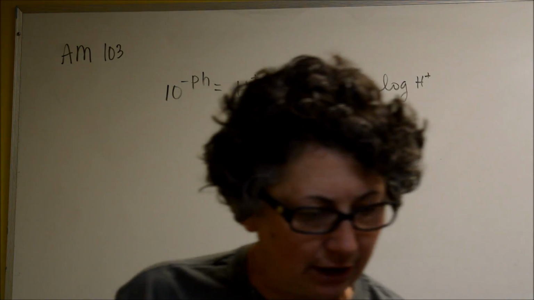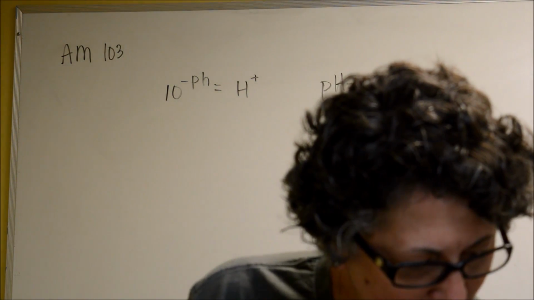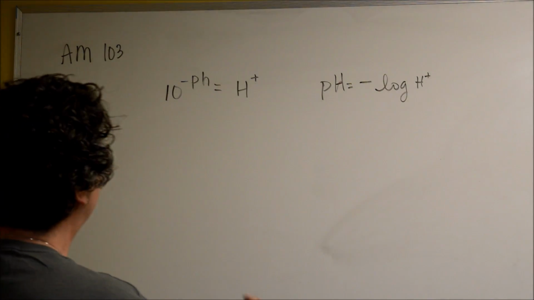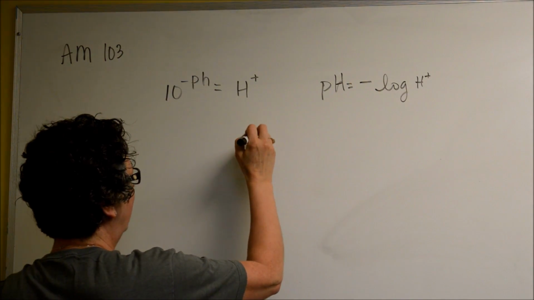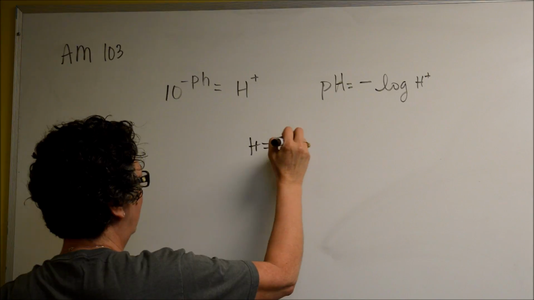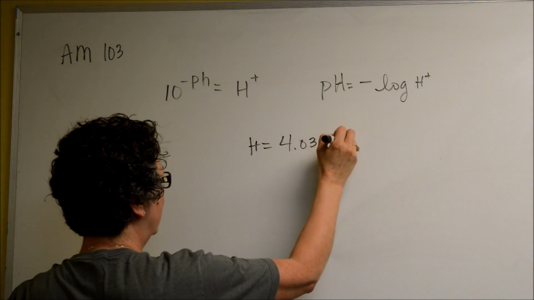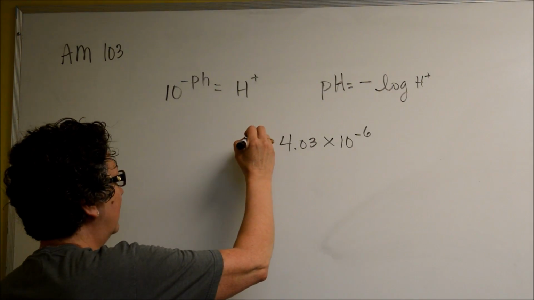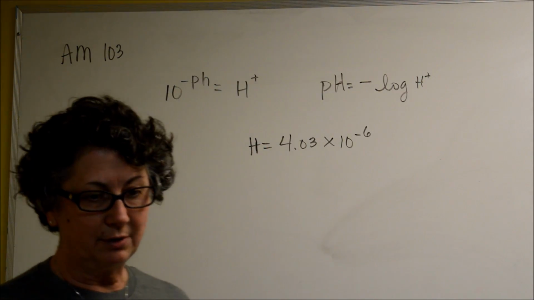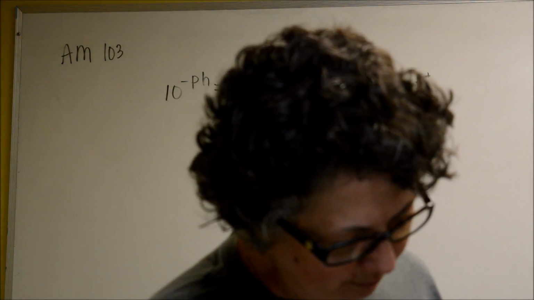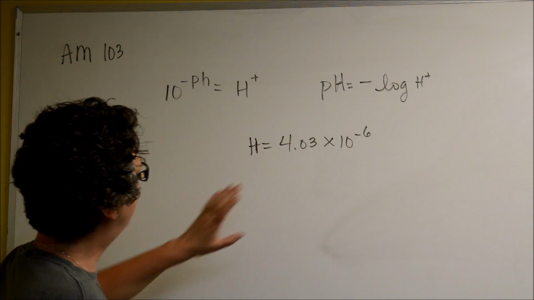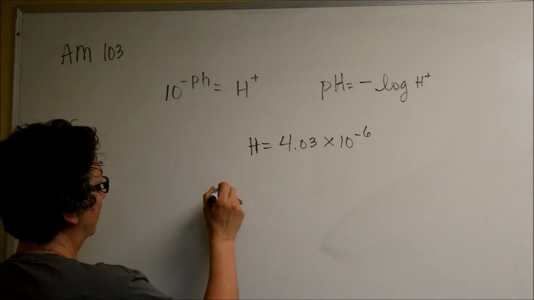And in this particular example, our H is 4.03 times 10 to the negative 6. So we want to know what that is in terms of our pH. So we're going to take this log form right here, substitute this in, and then solve.